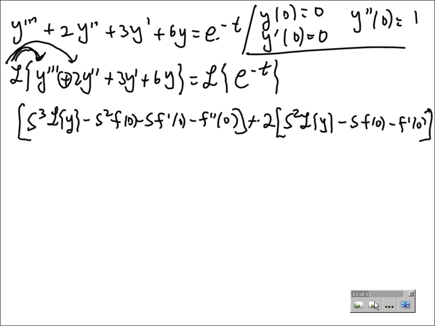Okay, plus the Laplace of 3y prime. Well, the 3 can factor out times the Laplace of y prime. But the Laplace of y prime is nothing more than s times the Laplace of y, minus f of 0. That's the Laplace of y prime.